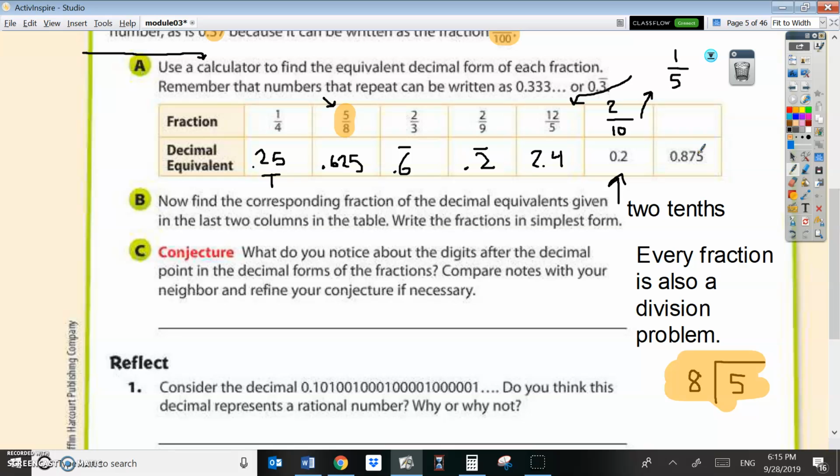0.875. Look at this one, and it helps you figure it out. This problem is actually quite interesting, because you can do 875 over 1,000, but then that can be simplified by dividing both the numerator and the denominator by a common factor.